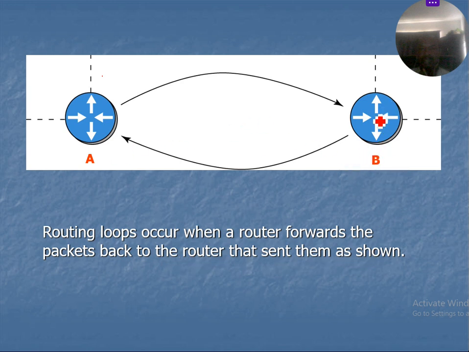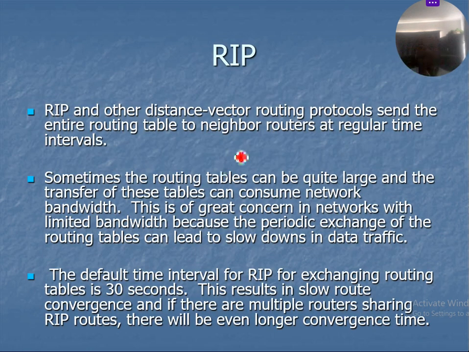Let's say router B receives a data packet from router A, and instead of sending it onward to the final destination, router B decides to send this data packet back to router A that sent the information in the first place. Such a situation is called a routing loop.